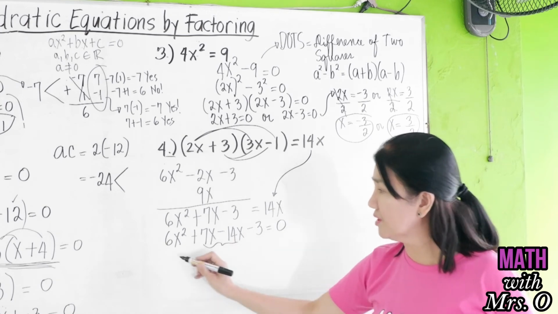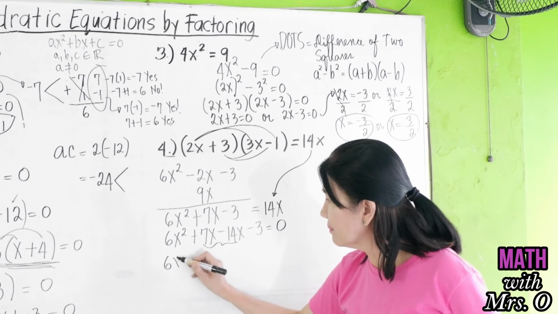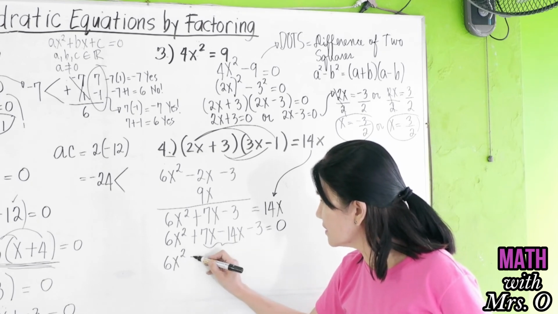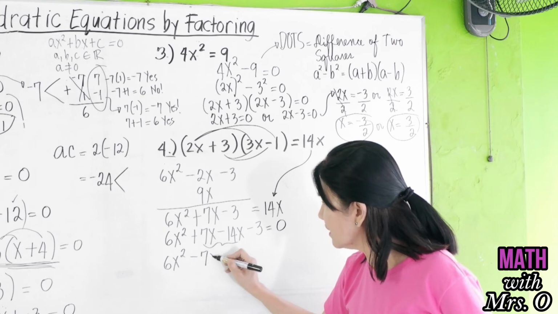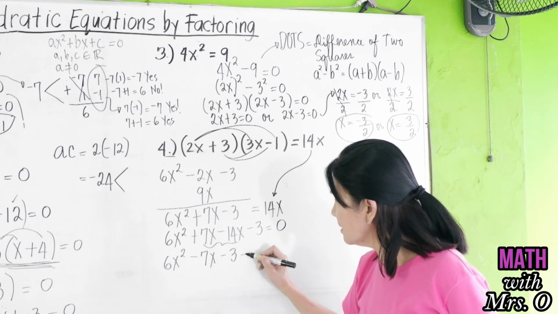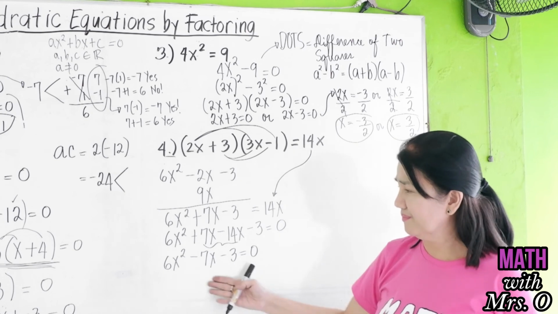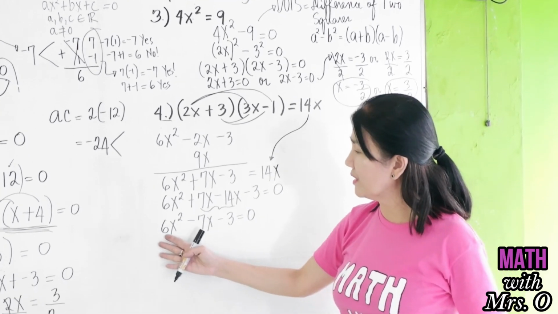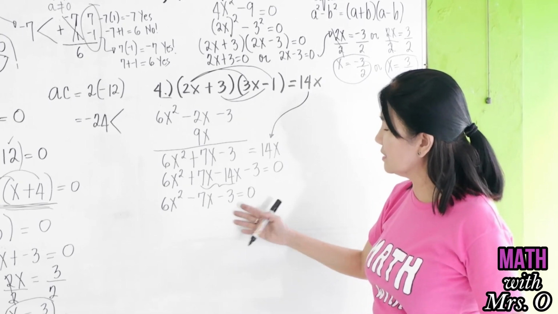But these are like terms, so add them. 7x minus 14x gives us negative 7x minus 3 equals 0. It is now simplified in the form ax squared plus bx plus c equals 0.